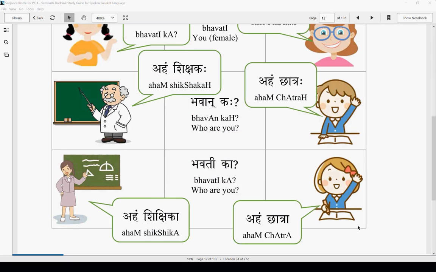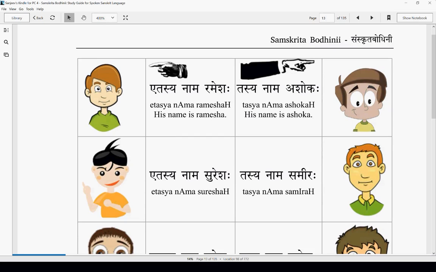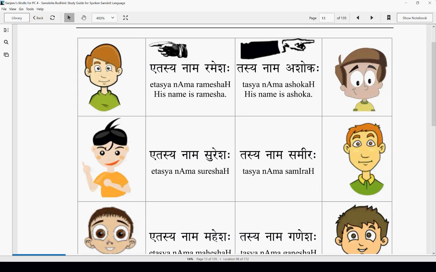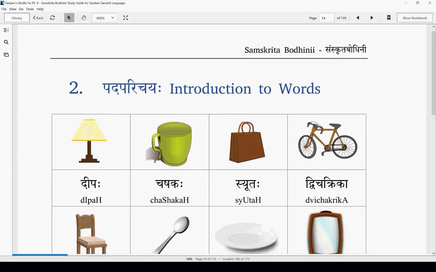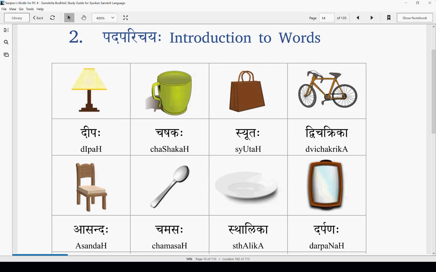So we'll just hold on to that. So looking at some more words here.